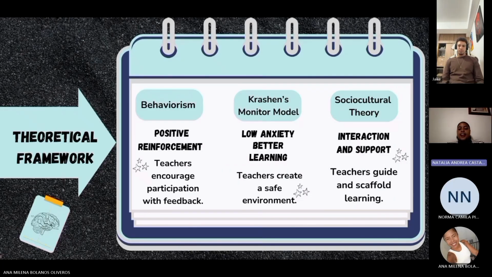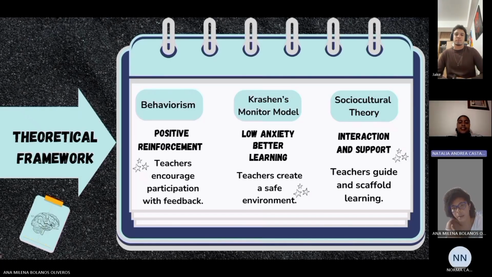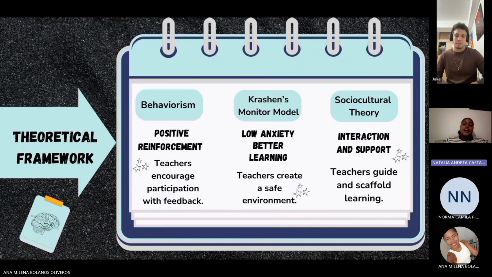The theoretical framework explains why students feel nervous when speaking English. Behaviorism shows that practice helps students feel more confident. Krashen's monitor model explains that students learn better in a relaxed environment. Sociocultural theory shows that interactions and support are important.